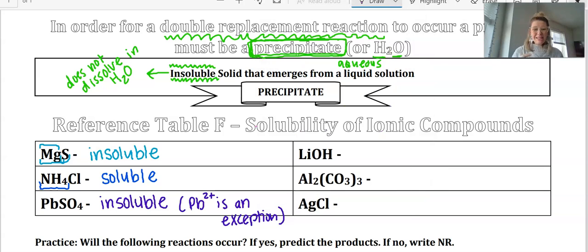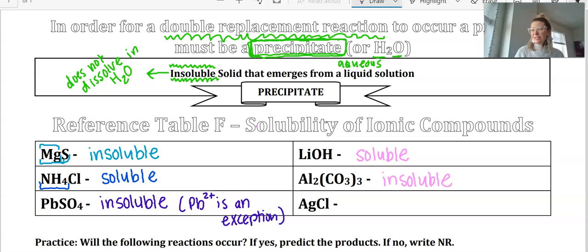Okay, so lithium hydroxide contains a group 1 ion, so therefore it's always soluble. Okay, aluminum carbonate. Aluminum, there's no rule for, but carbonates are always insoluble, and aluminum is not an exception to that rule.